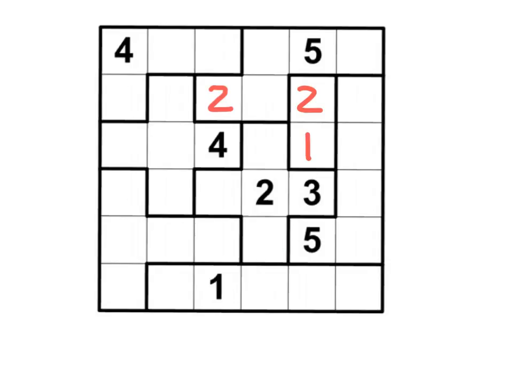So that means the 4 has to go there. The 1 can't go here because it's next to the 1. So that means the 1 goes over here. Now you've got the 1, the 2, the 3, the 4, so that means the 5 has to go here. Okay, remember we put a 1 here, so 1 can't go in this box, 1 can't go in this box. And you can work it out by building it up step by step like that.